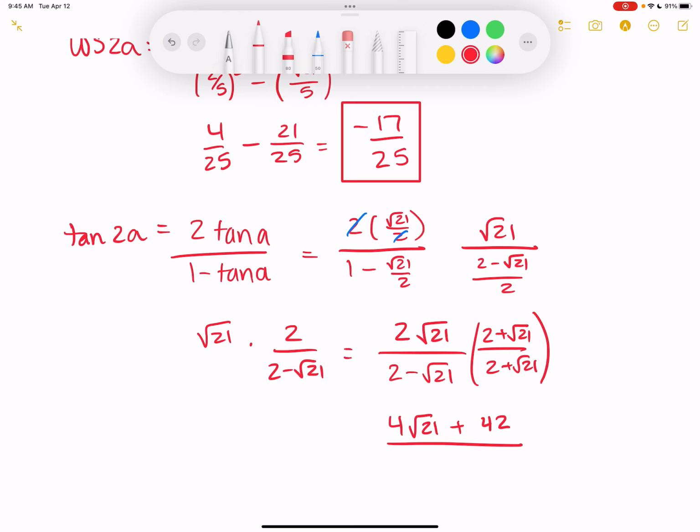It's a difference of squares, so what is the bottom? 4 minus 21, so then that gives us negative 17 on the bottom. 4 root 21 plus 42 over negative 17. Is that the answer?